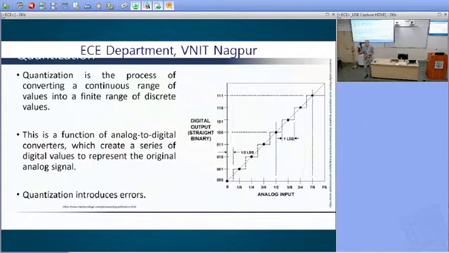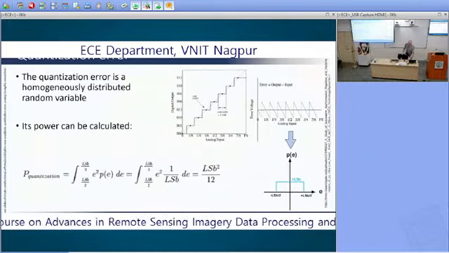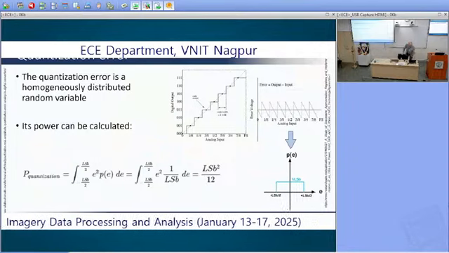So it's not an analog measurement. It doesn't have infinite precision. The precision is defined beforehand by design.